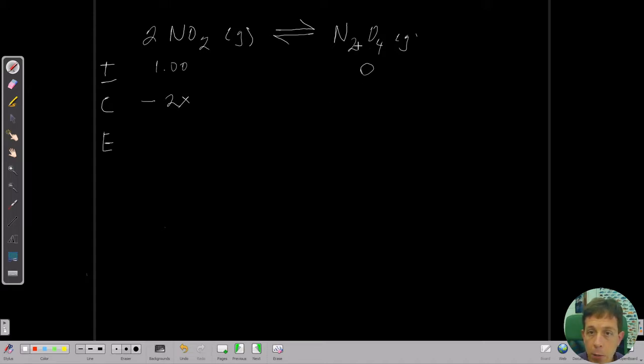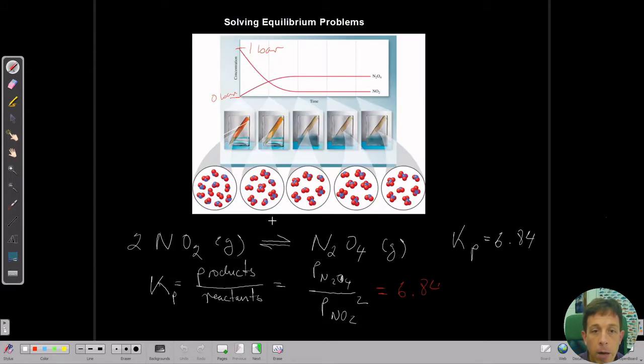And likewise, the amount of N2O4 is going to increase, so this will have a positive sign, and it will be just x because the coefficient is only 1 here. That is also seen in our reaction profile right here, where we see, based on the stoichiometry, NO2 decreases at twice the rate at which N2O4 is being formed.